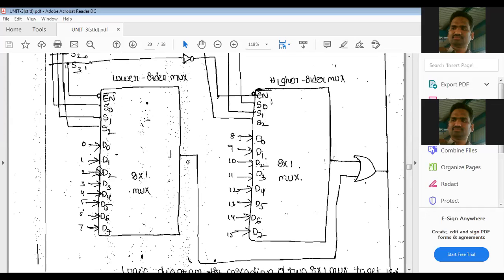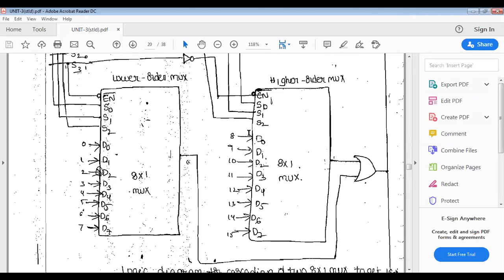You see here the higher order: whatever the first input is will appear at the output side. That is not D0, it is D8. And the second input of the OR gate is a 0 because it is disabled, sorry, not enabled. And 0, 0, 1, D9 will appear here, 0, 1, 0, D10 will appear here, and 0, 1, 1, D11 will appear.